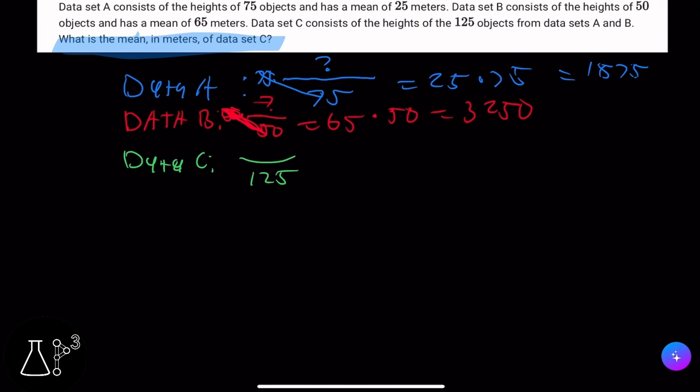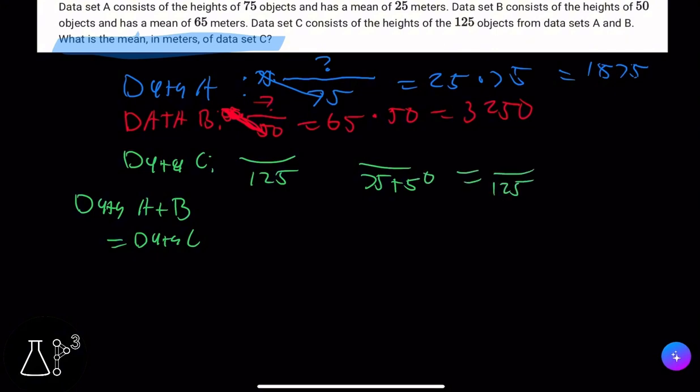Therefore, dataset C is just combining all the values of A and B together. So dataset C is just data A plus B. Therefore, I would want to combine the total values of A and B.